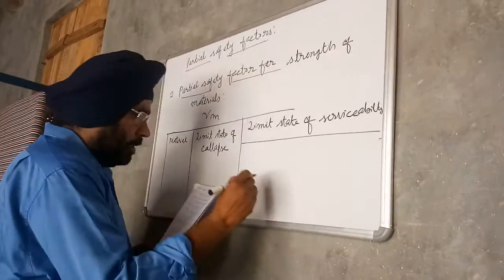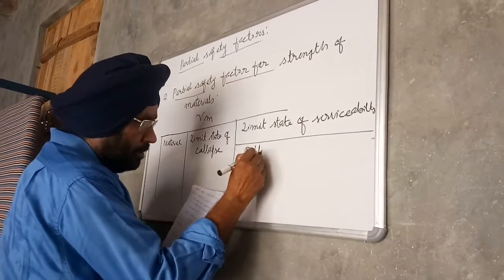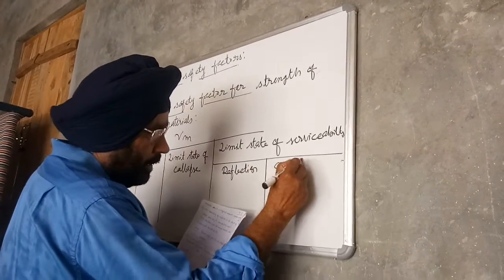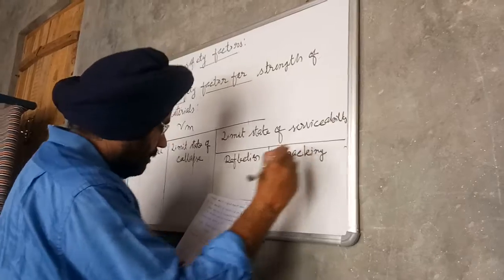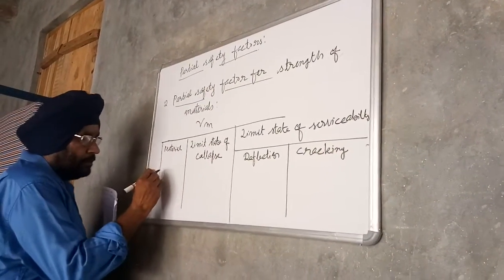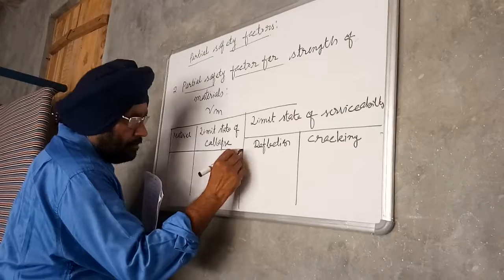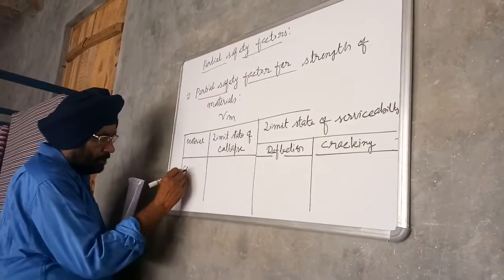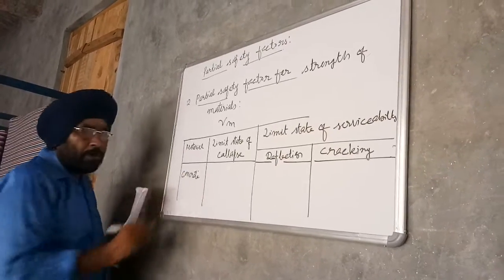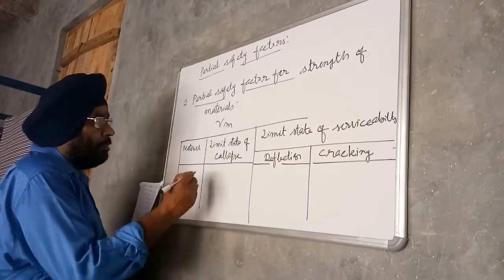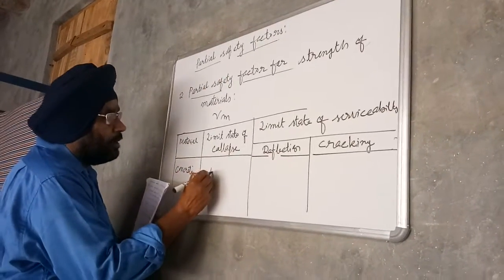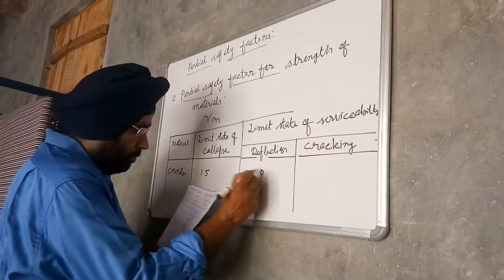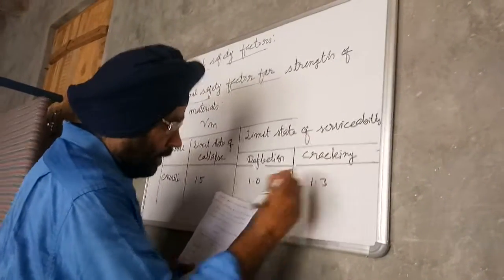So this is deflection, second is cracking. So material is concrete. For concrete, limit state of collapse, the value of gamma m partial safety factor is 1.5, and for limit state of deflection its value is 1 and its value is 1.3.